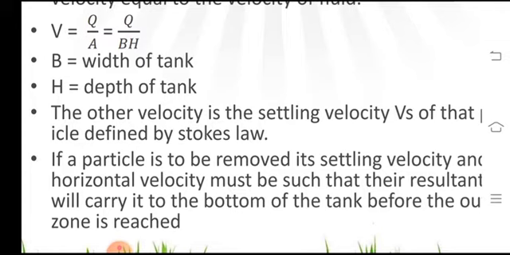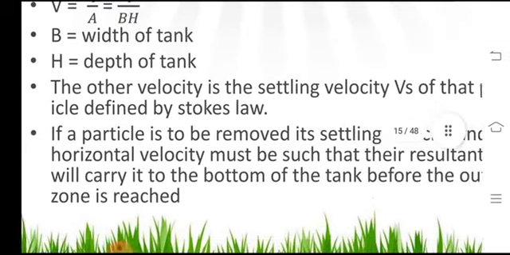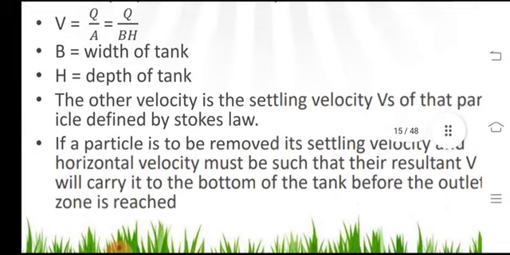Just consider that in this case the length of the whole tank is not considered, because we are only explaining it based on the cross-sectional area through which the whole discharge is taking place, because this discharge is taking place perpendicular to the flow of the wastewater.